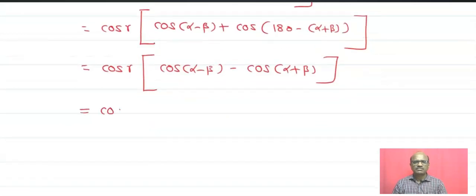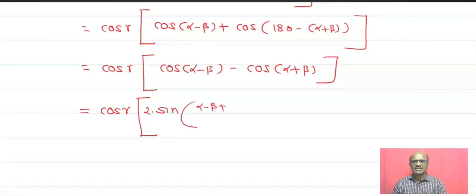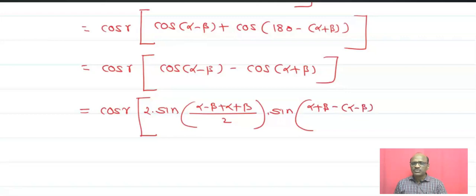Now the cos gamma in bracket, we'll apply the formula for cos C minus cos D.